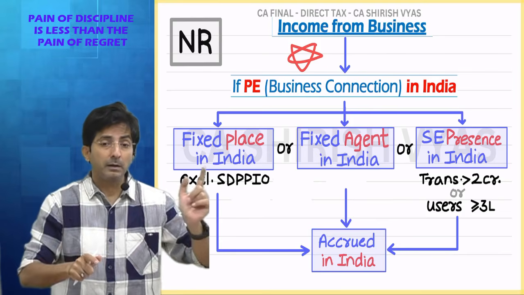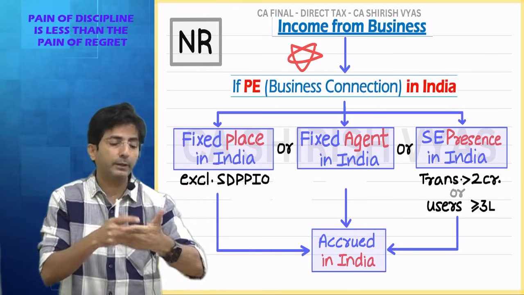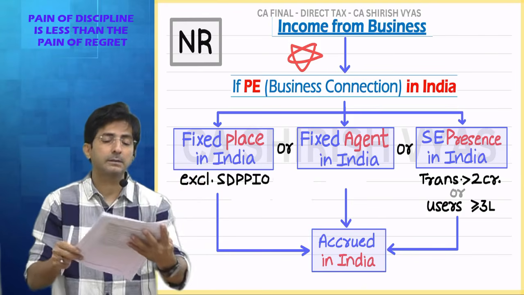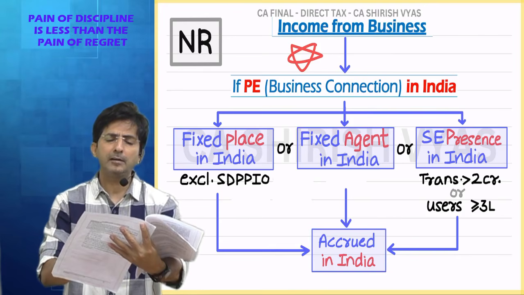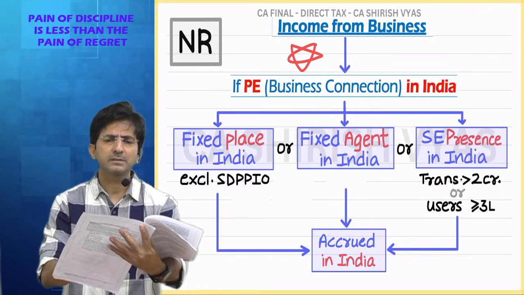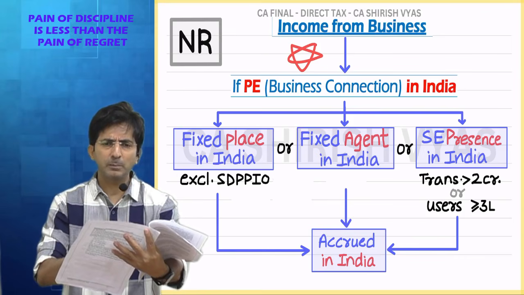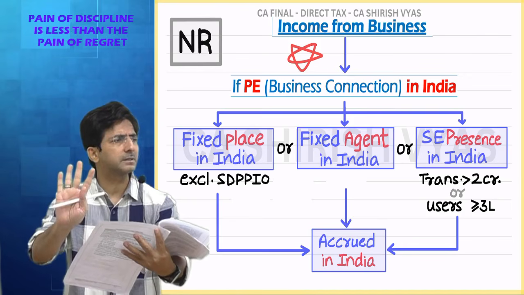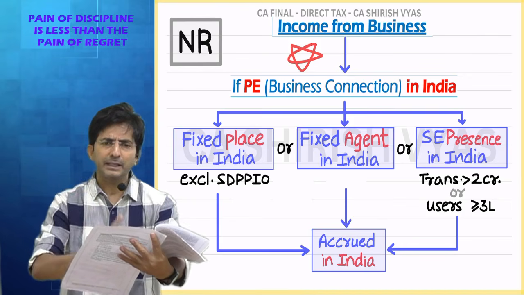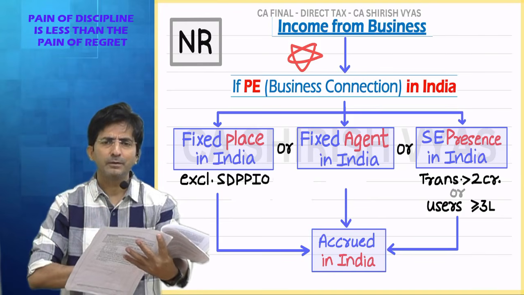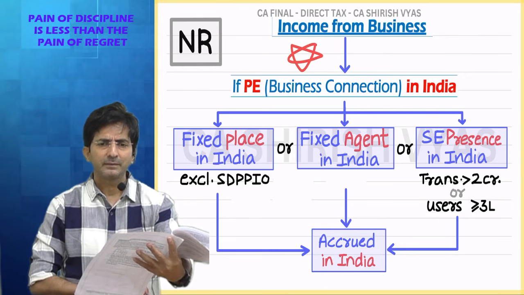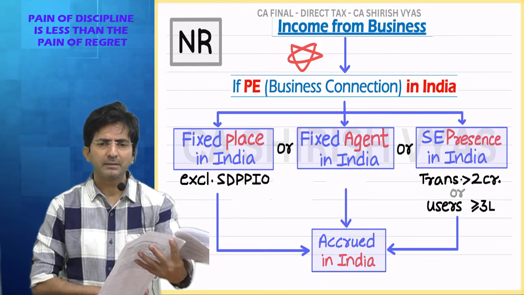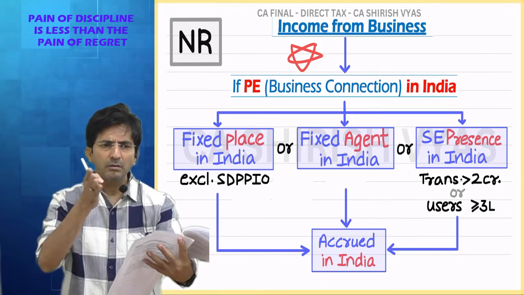Now, when you read the India-Singapore DTAA, which is kind of an agreement like this, you know what is written? India will tax Singaporeans for having a place of business in India, but not for having SHIRISH places. So the DTAA gives them exemption for SHIRISH. So what is better for them, DTAA or Section 9? Section 9 is cruel.